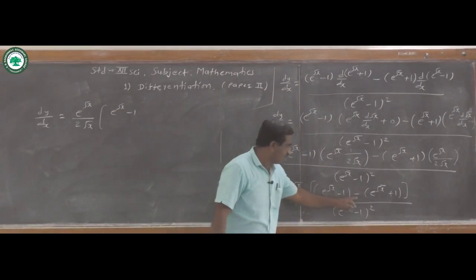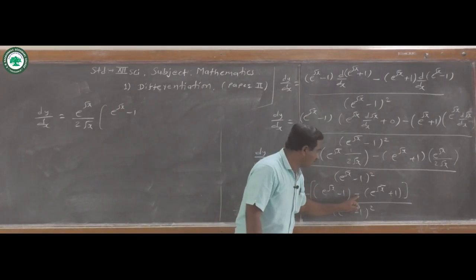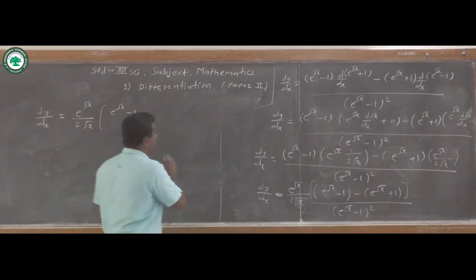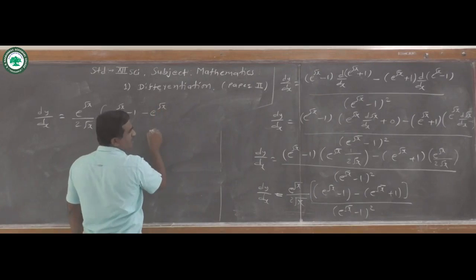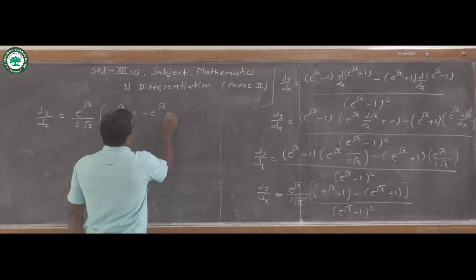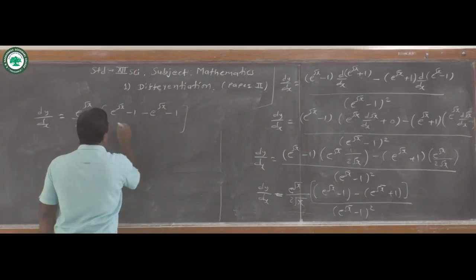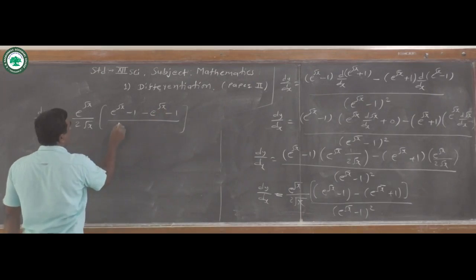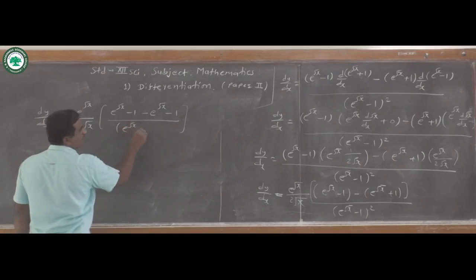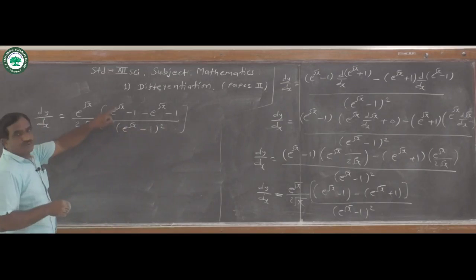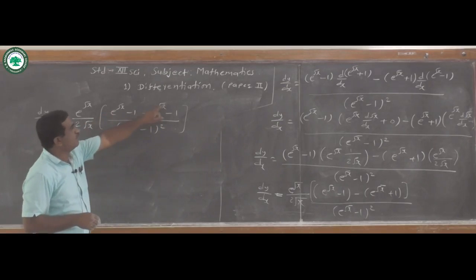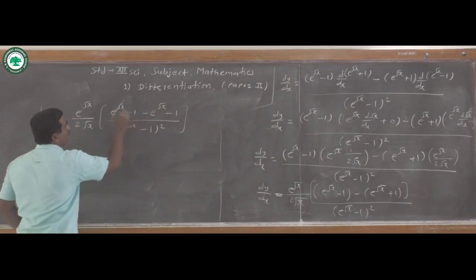Here, multiply by the minus sign to the bracket, then we get minus e raised to under root x minus 1, upon e raised to root x minus 1 bracket square. Now here e raised to root x minus e raised to root x cancel out.